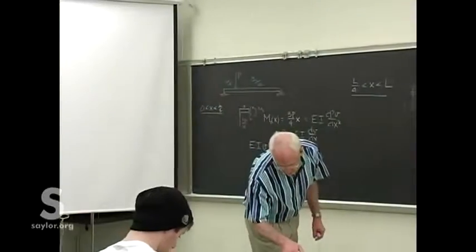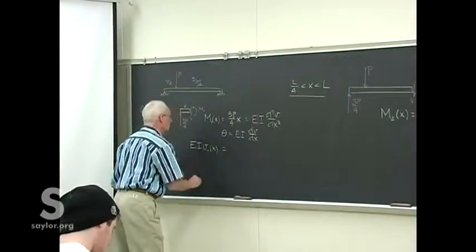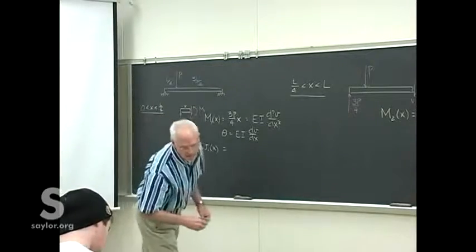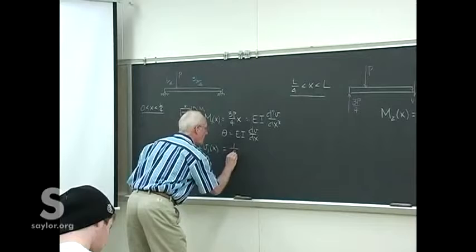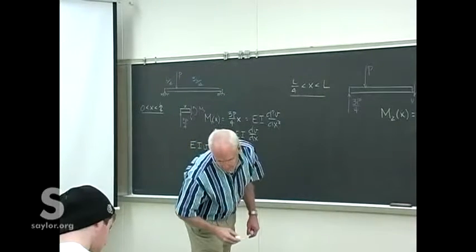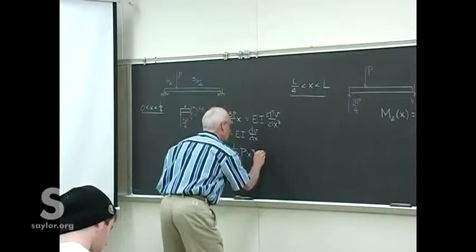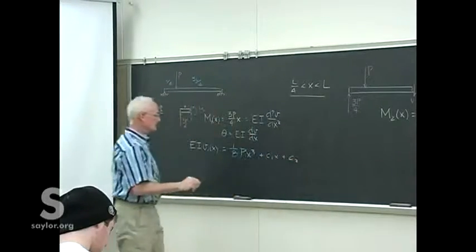All right, for this one, hopefully you got something. We'll call this V1 for that side of the beam: 1/8 px cubed plus c1x plus c2.